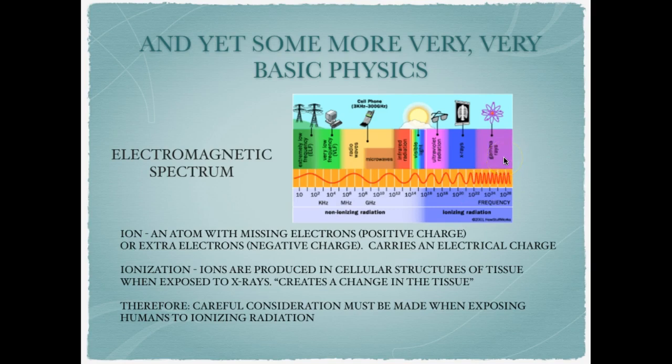And then there are gamma rays, which are the shortest wavelength, from radioactive materials. And we know that's very harmful to human tissues. So knowing the electromagnetic spectrum of non-ionizing radiation and ionizing radiation, we do have to have careful consideration when exposing humans to ionizing radiation.